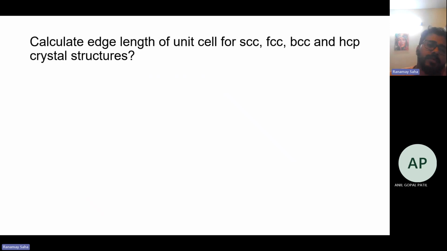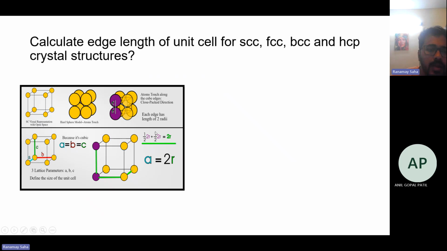For the last topic of today, we come to the calculation of edge length of a unit cell for different kinds of crystal structures. So there can be simple cubic, face centered, body centered, hexagonal. How are they calculated? Suppose this is one simple cubic cell. So there are four atoms in corners.